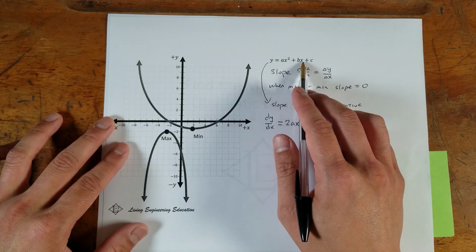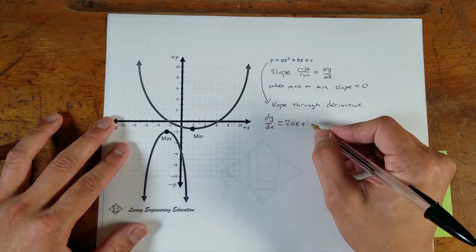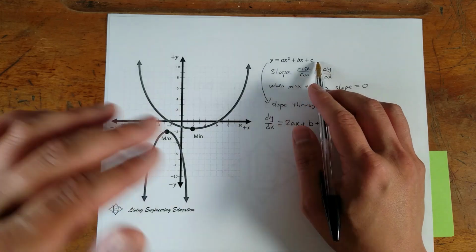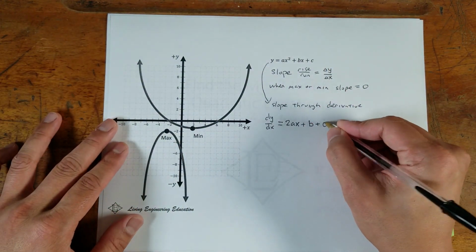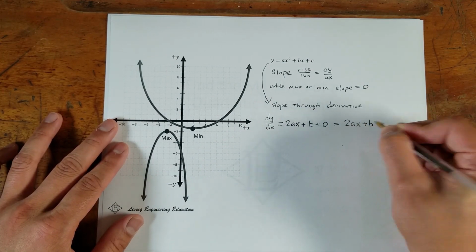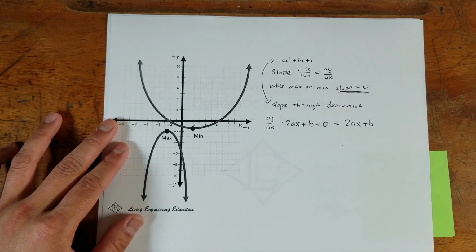B is a constant, so the derivative of x is just 1, so the derivative of bx is b. And the derivative of a constant, the slope of a constant, a horizontal line, is equal to 0. So the derivative is 2ax plus b. And we said the slope is equal to 0, so I can solve for x.